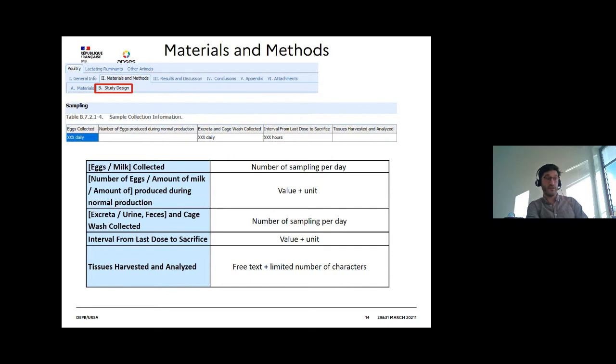For feces, urine, and excreta, the number of samplings per day is also detailed. In the interval from last dose to sacrifice box, please enter the value and its unit. And in the last column of this table, tissues harvested and analyzed in the livestock metabolism study are detailed.